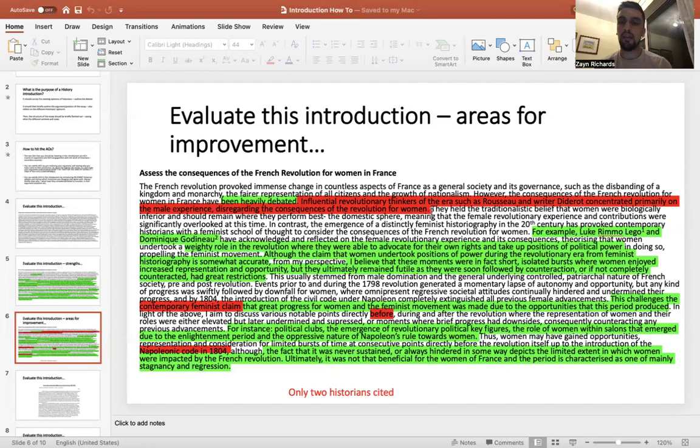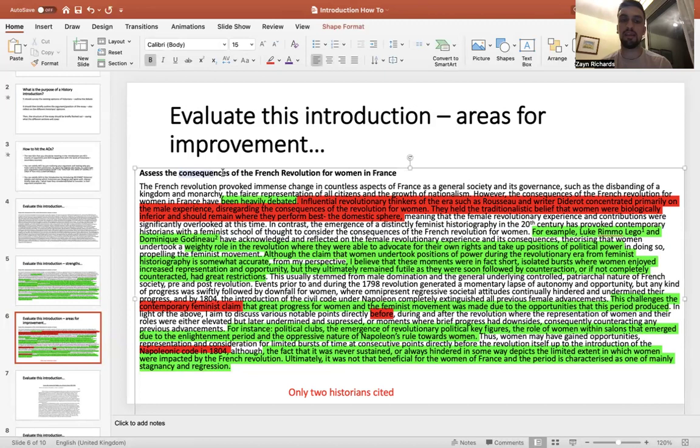And then secondly, I should have highlighted this part as well. This part here, where they talk about they held the traditionalistic belief that women were biologically inferior and should remain where they perform best, the domestic sphere. What the student is doing here is outlining what Rousseau and Diderot believe, but it's not actually relevant to the question, or it's not being made explicitly linked back to the question. Because the question is asking, what were the consequences of the French Revolution for women in France?